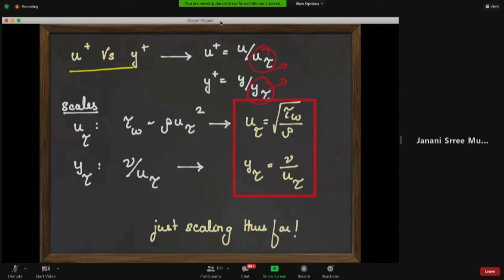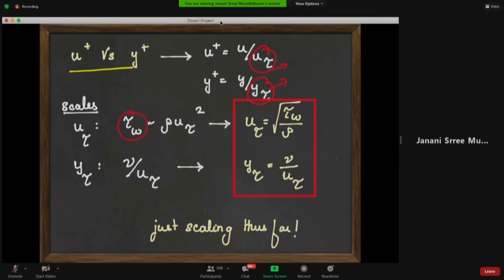So in CFD, the U tau. What did we say? I mentioned that near the wall there is going to be some kind of friction, which is going to slow down the flow or create a wall shear.